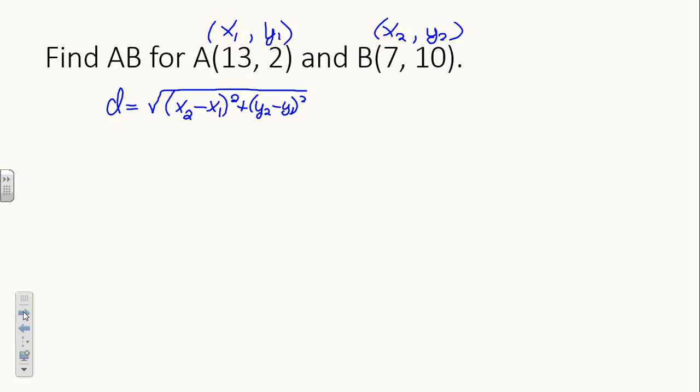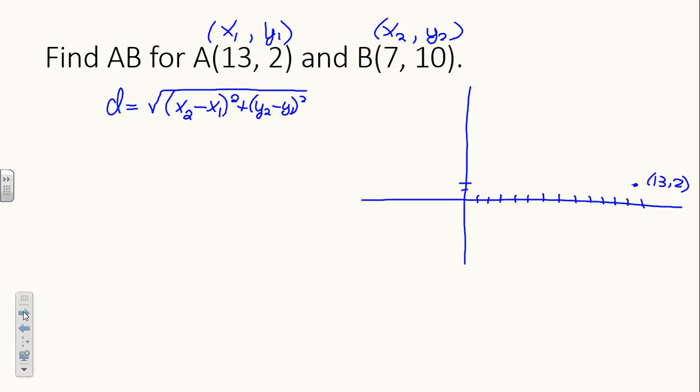Because if we're at 13,2, 13 over, 2 up, and we're at 7 over and 10 up, we need to know the distance between those 2 points.